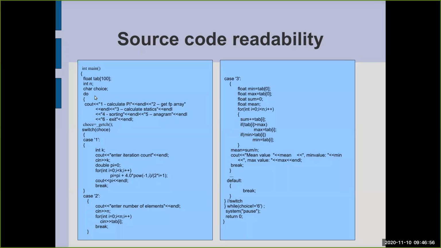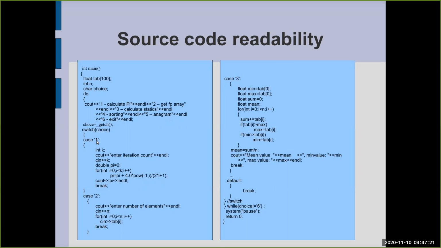So first, a menu is printed, and then the user choice is taken from console input, and based on the user choice, we process a particular case.